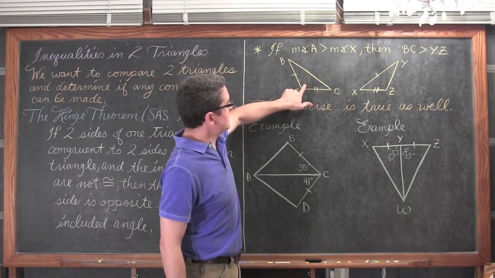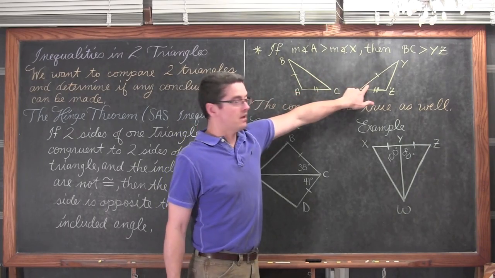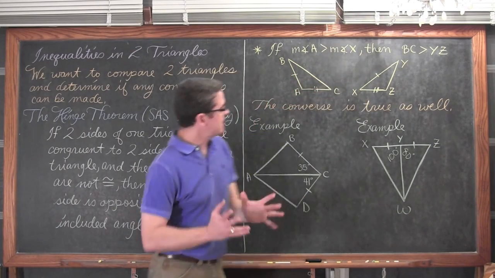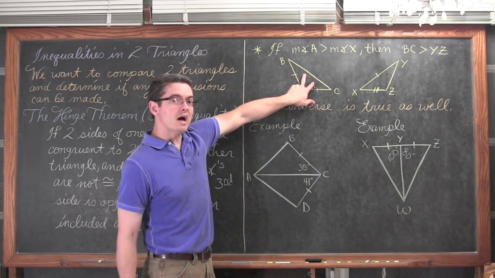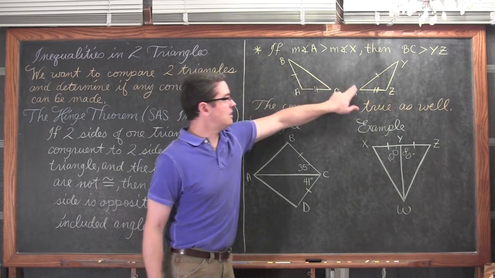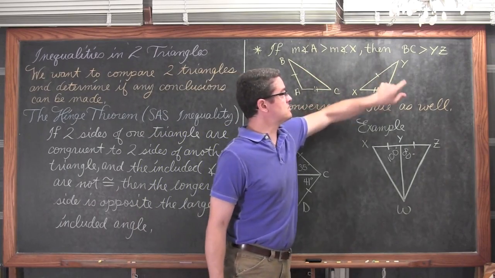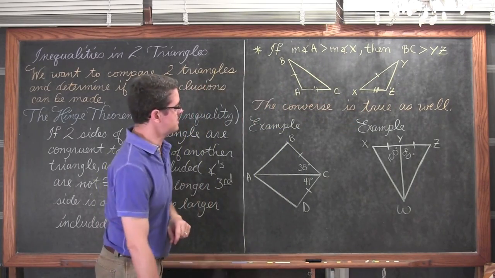If angle A is larger than angle X, and we do have this side-angle-side pattern, then the side opposite the larger of the included angles is going to be larger. So BC is greater than the length of YZ.